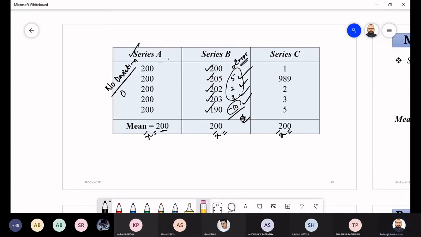If you square everything, this is 25, this is 4, this is 9, this is 100. You just add everything. After that we need to take the average. If you take the average, you'll get how much each data point is deviating from the mean position.